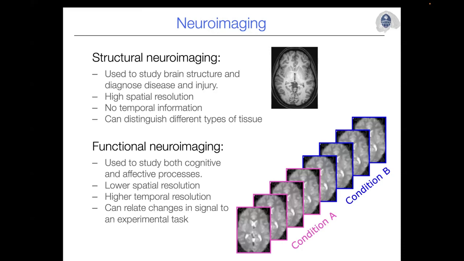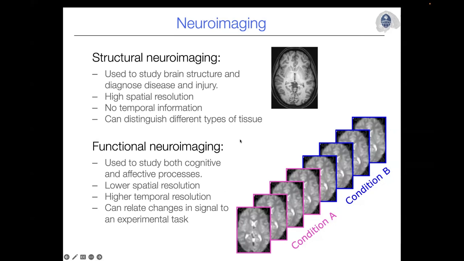Now, functional neuroimaging is a little bit different. If structural neuroimaging is like a picture, functional neuroimaging is more like a movie, a series of pictures rapidly taken in time. We acquire a bunch of these images in time while people either perform a task or simply rest. In this case, we have a temporal resolution, which could be every second or so.